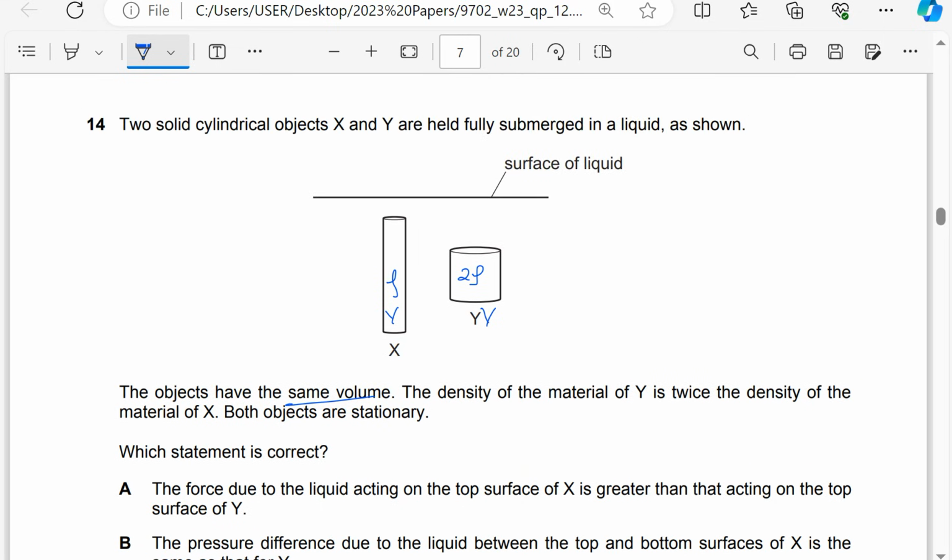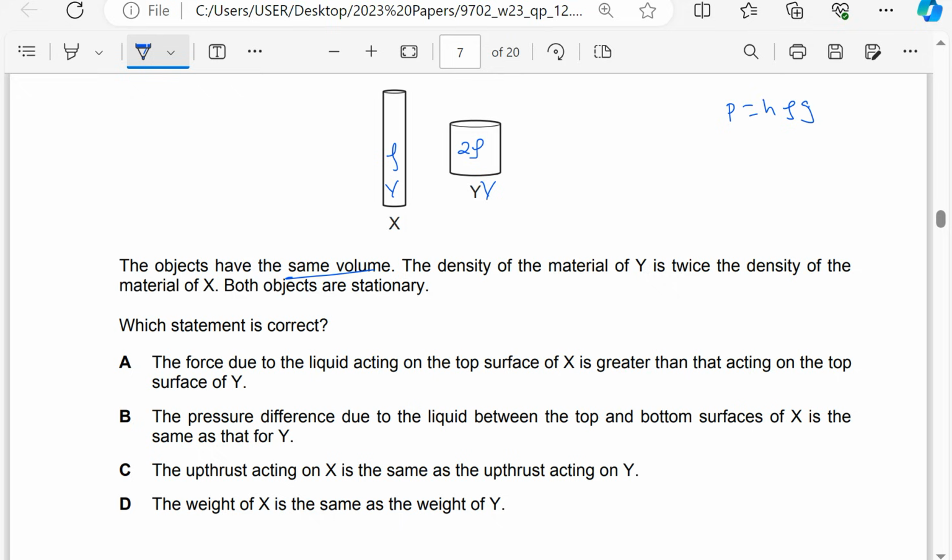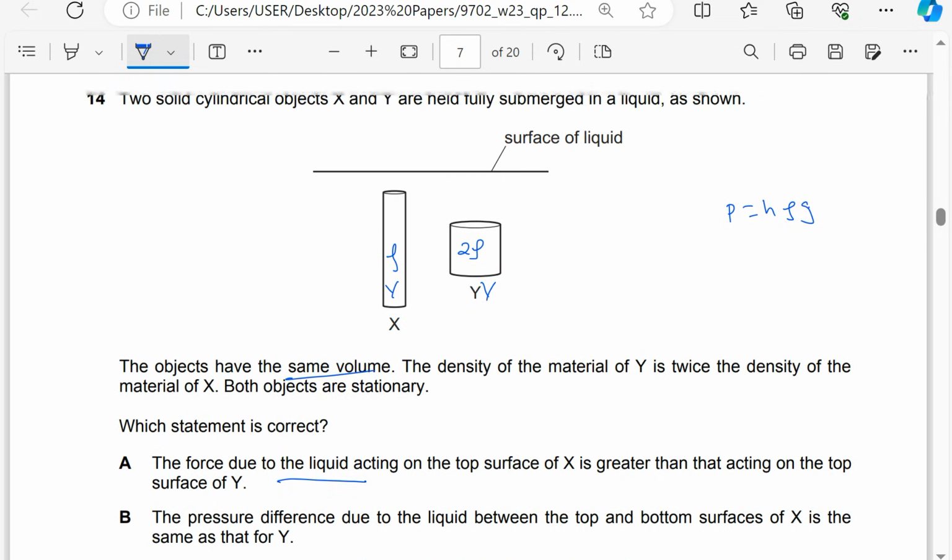So let's check. We know pressure on the top or bottom will depend on the depth: h times density times g. The first statement says the force due to the liquid on the top of X is greater than that acting on the top surface of Y. Let's check.